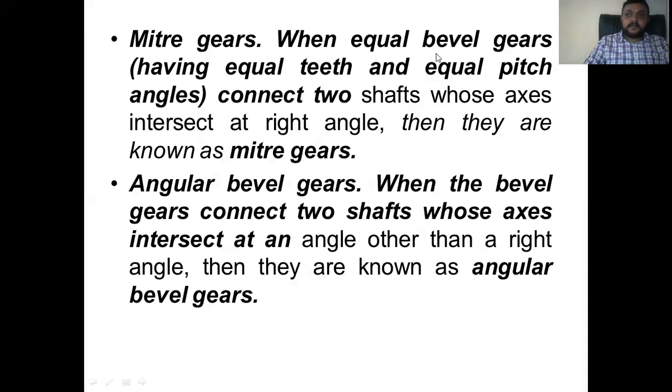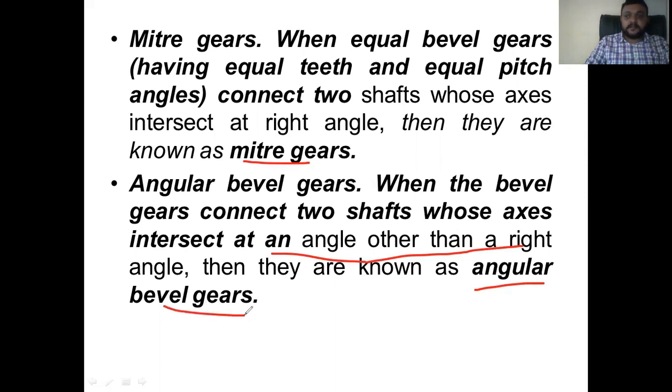Miter gears are bevel gears having equal teeth with equal pitch angles and connect shafts whose axes intersect at 90 degrees, as we have seen in the previous slide in the figure about the miter gears. And angular bevel gears: when bevel gears connect shafts whose axes intersect at an angle other than a right angle, then they are called angular bevel gears.